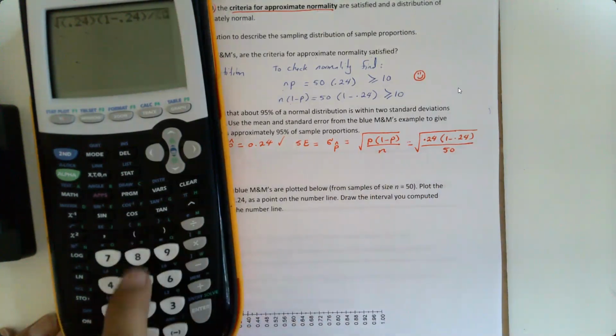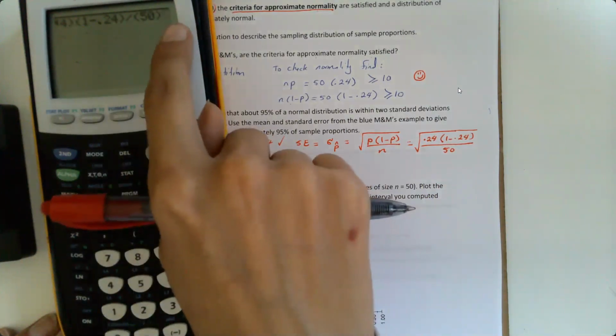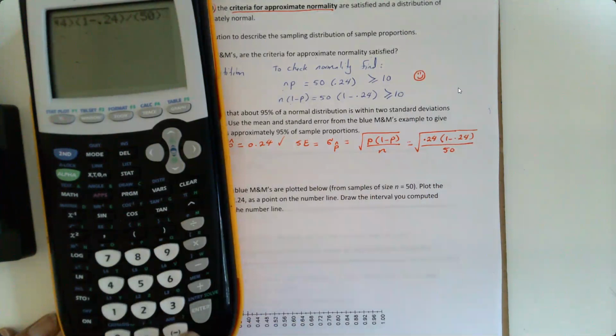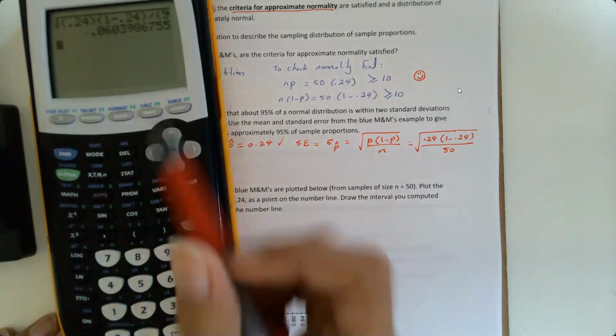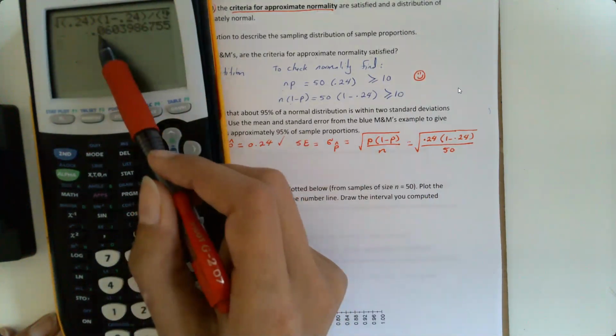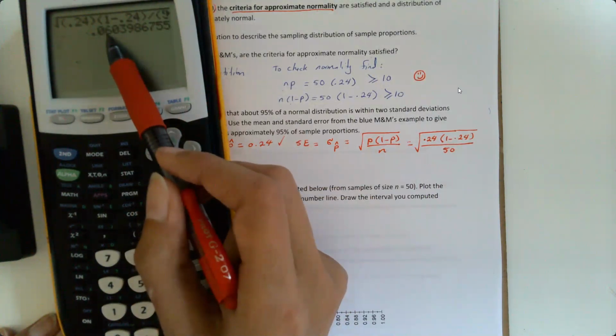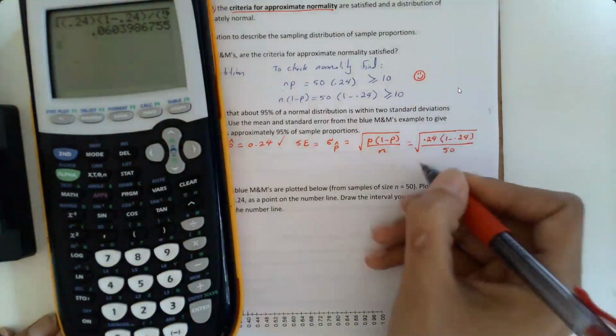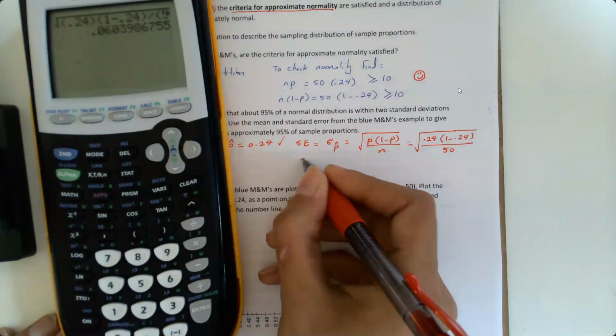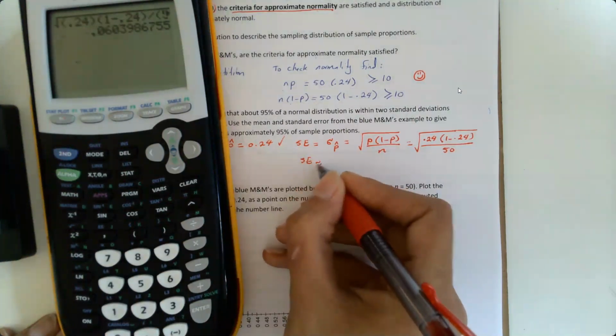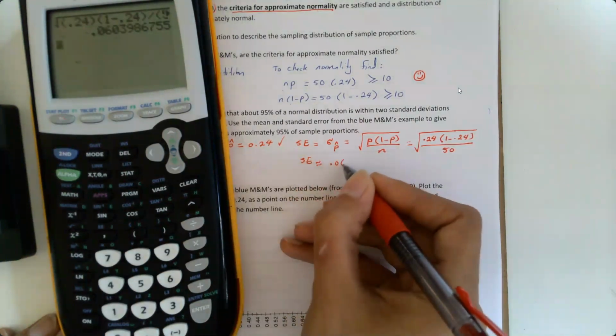So make sure everything is inside the radical, and it gives me approximately 0.06. So my standard error is approximately 0.06.